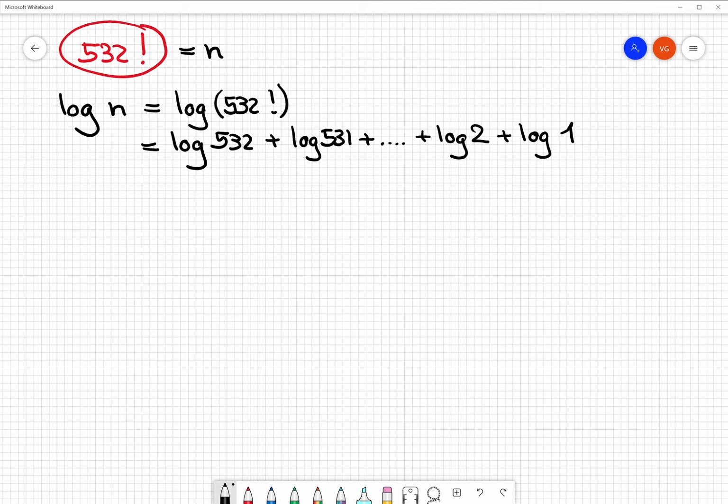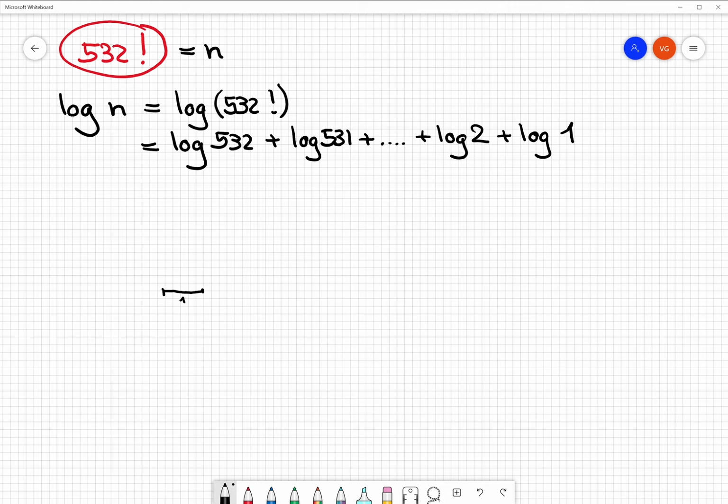Okay? Now, let's visualize this. The logarithm of 1 just happens to be 0. And let's use the area of a rectangle as a visualization. The height of this rectangle is logarithm 1. The width is 1.